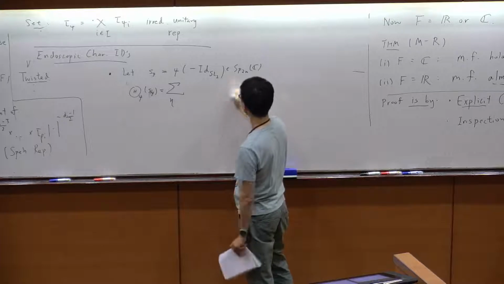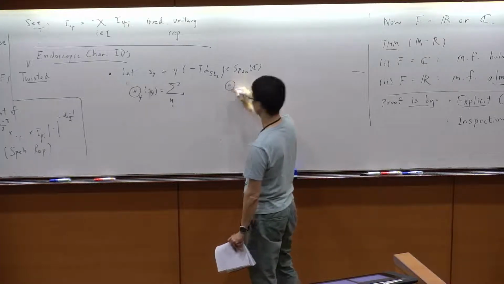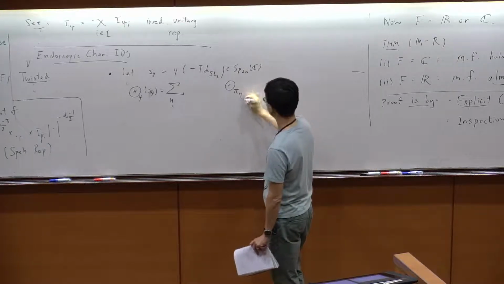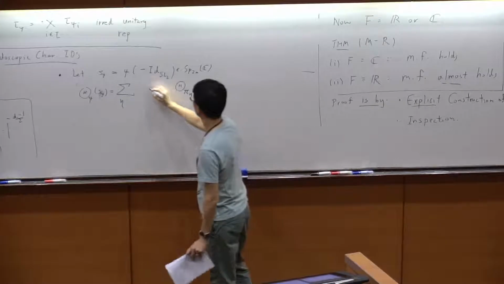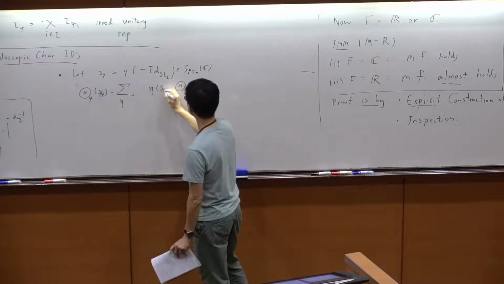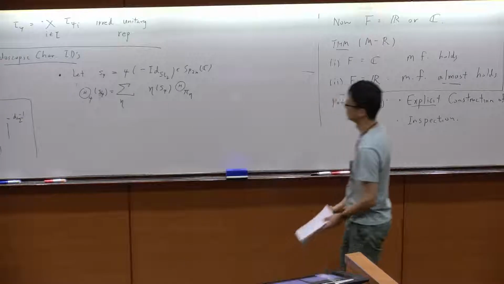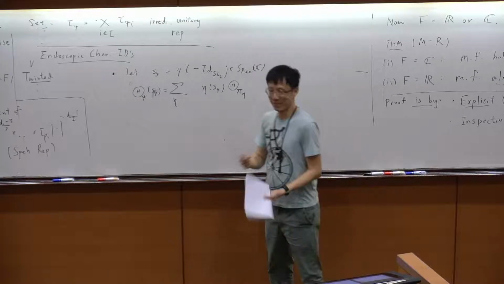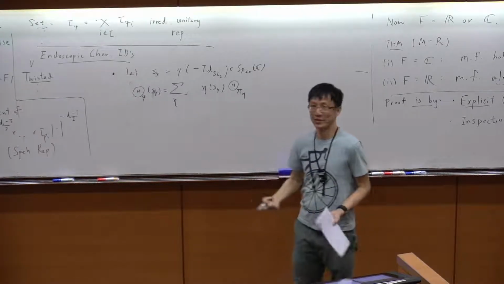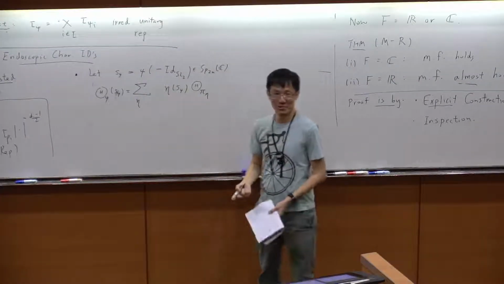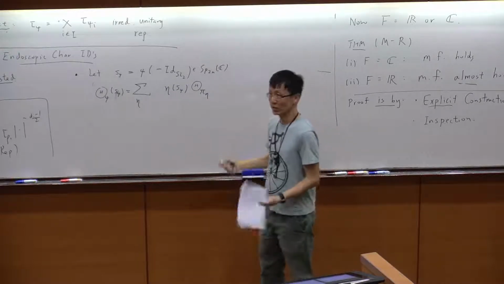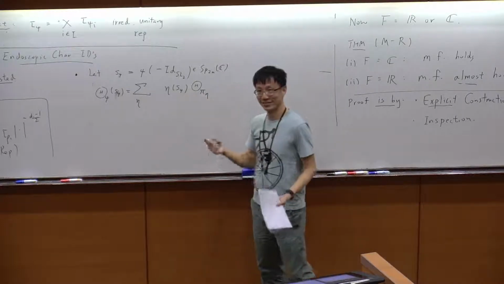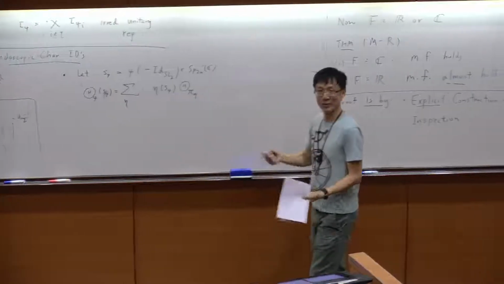I'm taking the characters, the Harish-Chandra characters that I introduced in the first talk, for pi eta, times eta of S psi. Of course eta is an irreducible representation of the component group, but since it's a finite group I always confuse it with its character function, a conjugacy invariant function on this finite group. It doesn't matter in this example because those component groups are all abelian, so eta is a one-dimensional character.